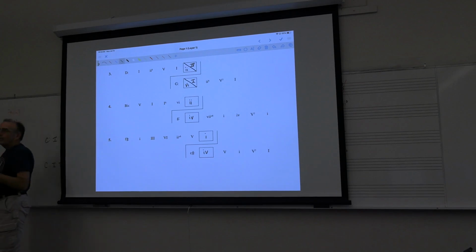If I reinterpret that somehow, let's say instead as this chord, that'd be more interesting.